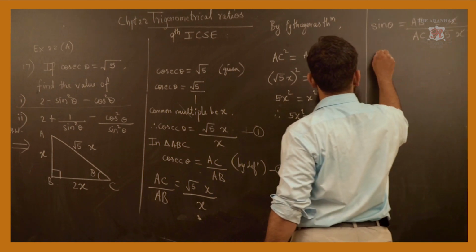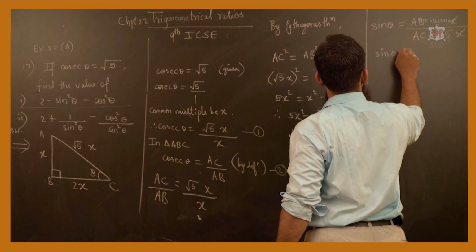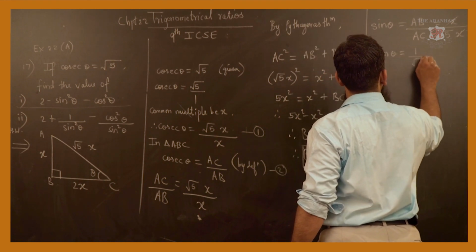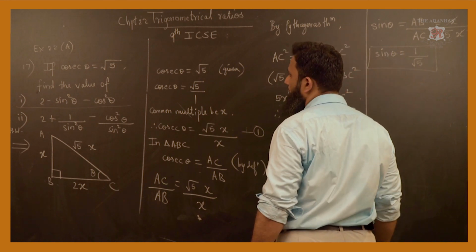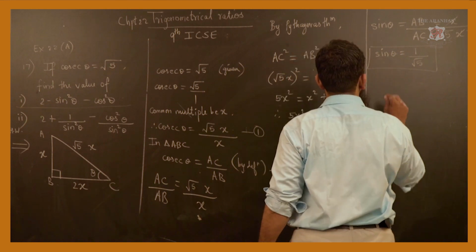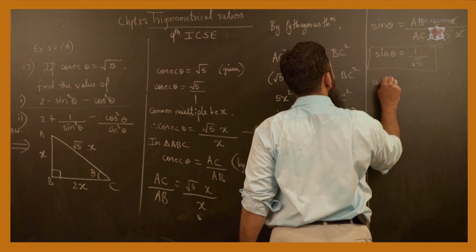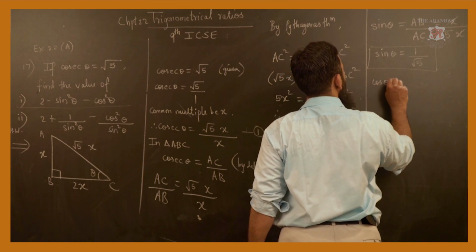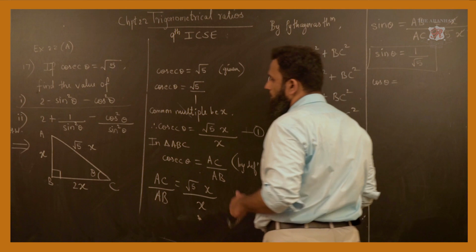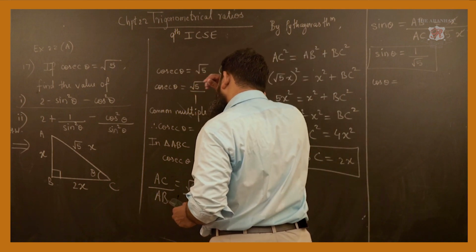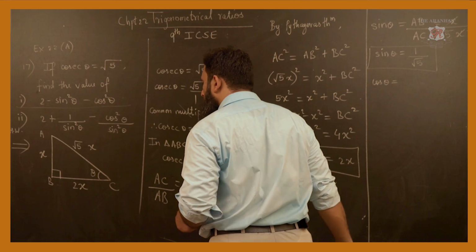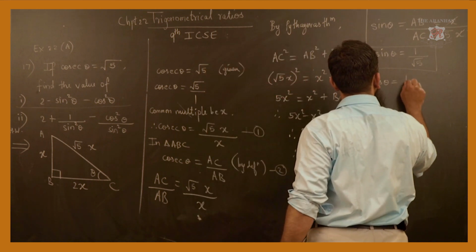Like terms get cancelled and sin theta comes out to be 1 upon root 5, whereas cos theta is the base BC upon hypotenuse AC.